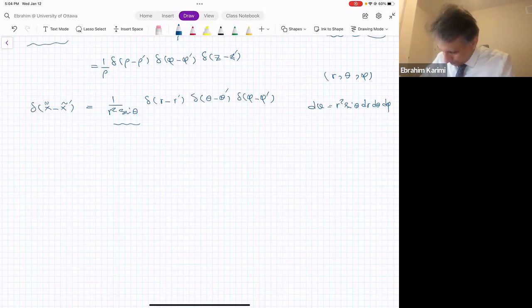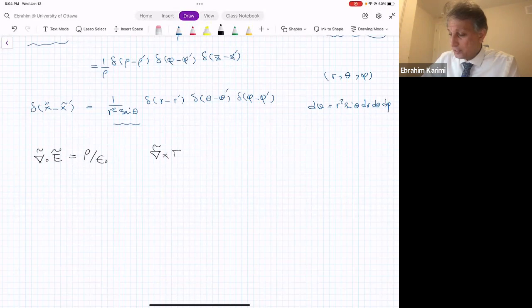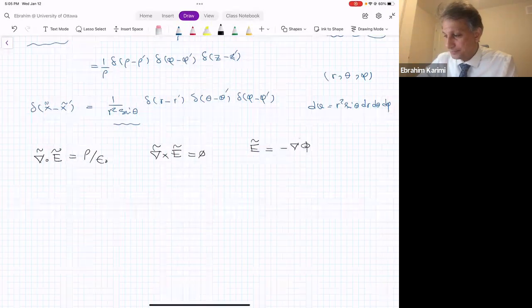So far we learned about the electric field, and we know that divergence of E is equal to rho divided by epsilon naught, and curl of E is given by 0, which we obtained from E equal to minus gradient of phi.